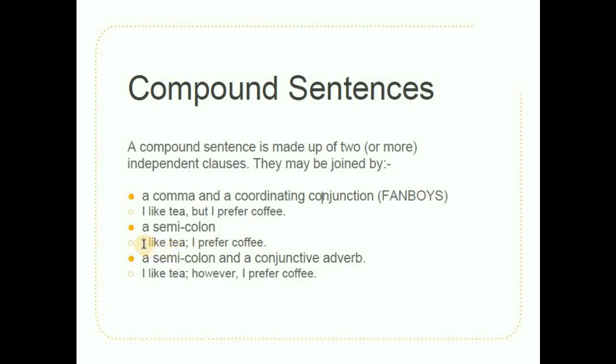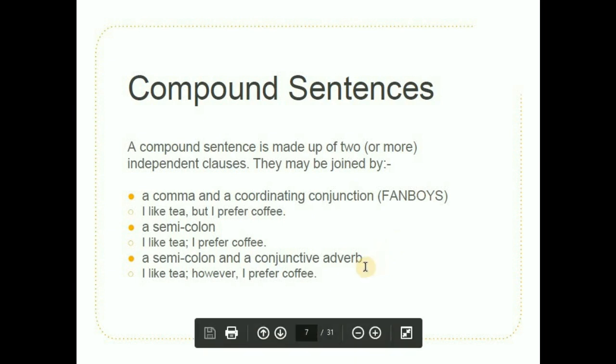If the meanings are very close and the relationship is obvious, we can use a semicolon to split our two independent clauses. I like tea; I prefer coffee. A semicolon and a conjunctive adverb can also be used. I like tea; however, I prefer coffee.